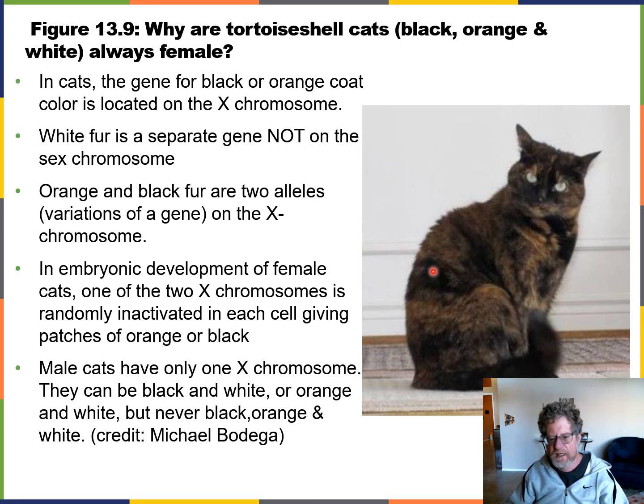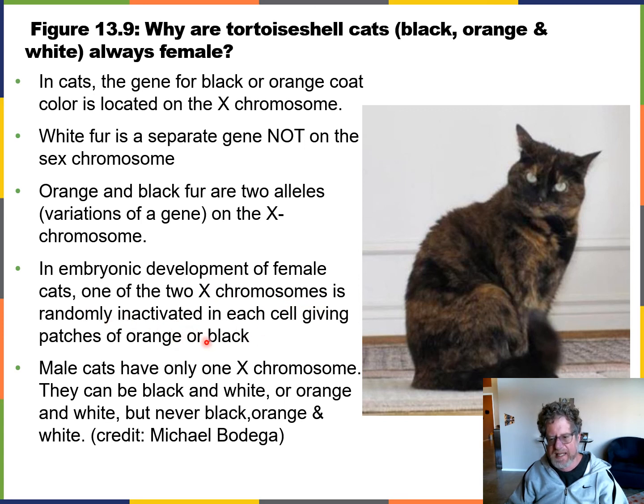Okay, here's an example that will make you understand X inactivation in females. Tortoiseshell cats are black and orange, and they'll have some little white sections as well. It turns out for fur color, both black and orange are alleles on the X chromosome. White is a separate gene, and it's not on the sex chromosome. So if you're a cat in embryonic development, one of the 2 X chromosomes is randomly inactivated in every cell.